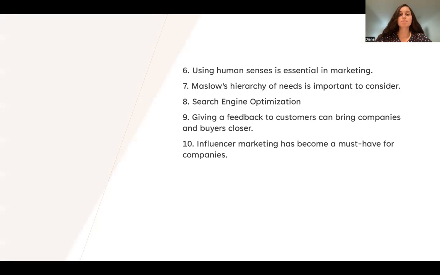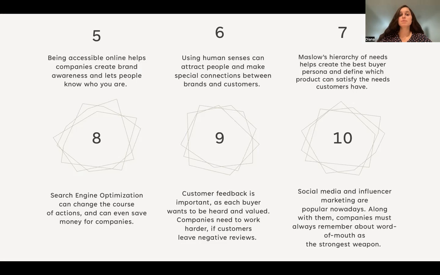The sixth point will be about using human senses, which is essential in marketing. It's about smell, it's about touch, it's about vision, etc. Human senses can play a huge role, and they can really create connections between customers and the brands.